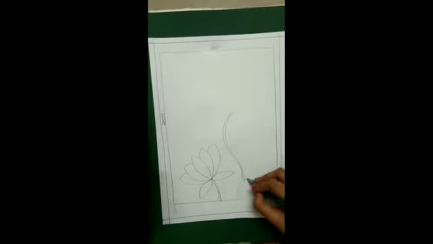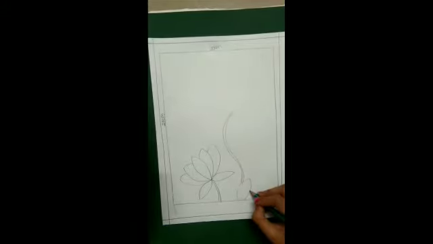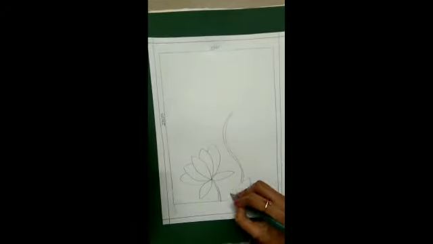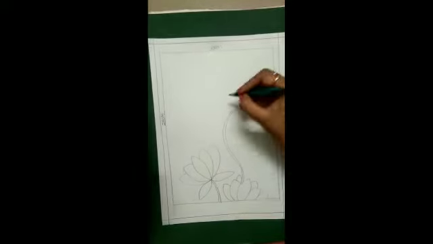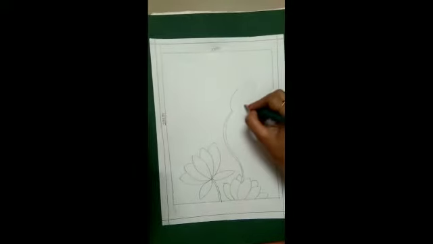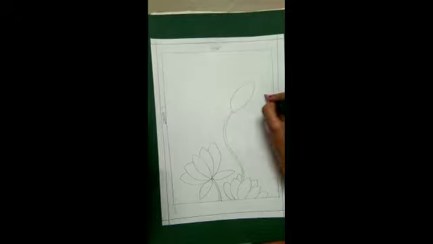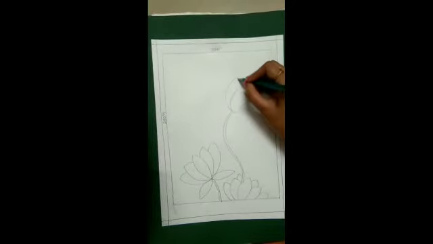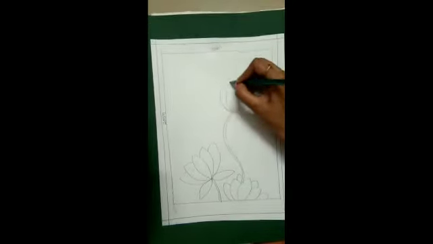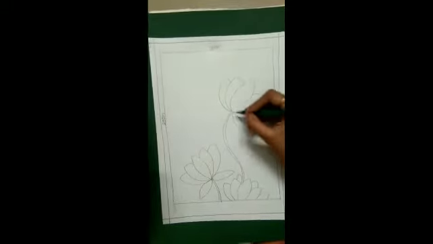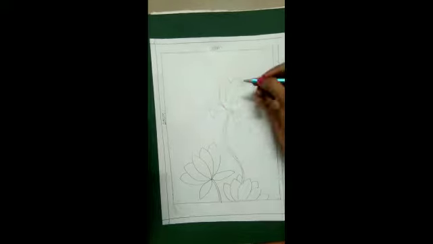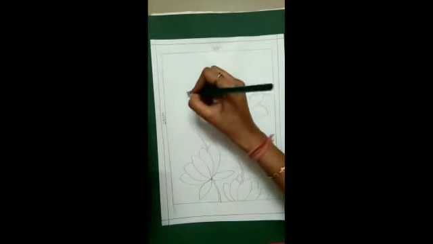On the downside I am using half lotus. Then here I draw the third lotus. Then on this side also I compose the wavy line.